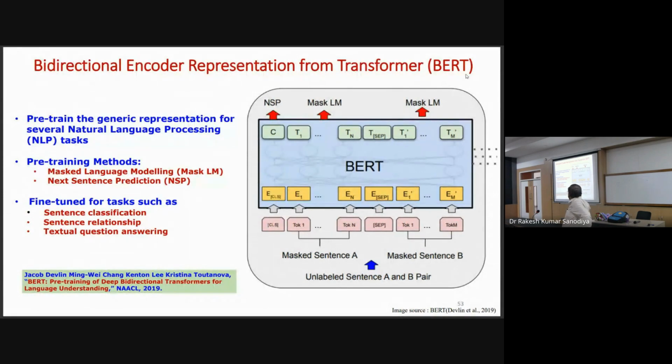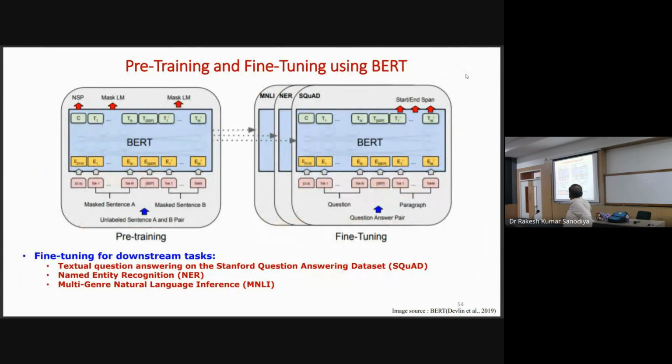So BERT is actually a pre-training method mainly for text processing tasks, that is, natural language processing tasks. Once we do this pre-training, then for whatever task I want to use this model for, I do the fine-tuning depending on the task that I am interested in.